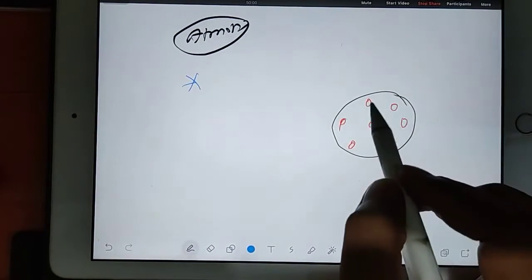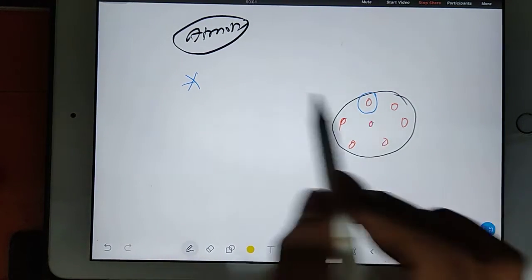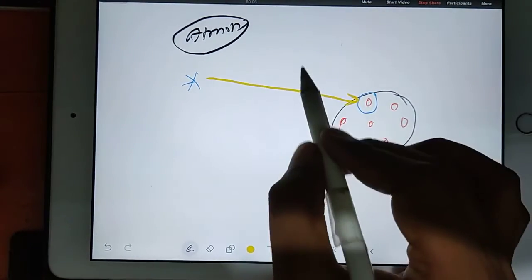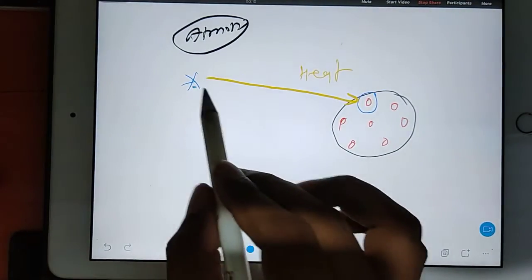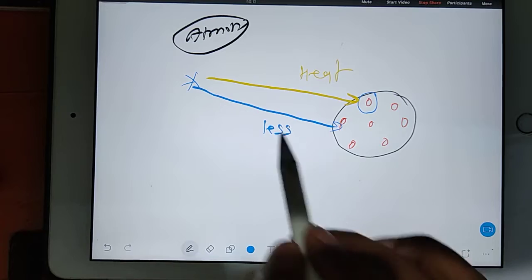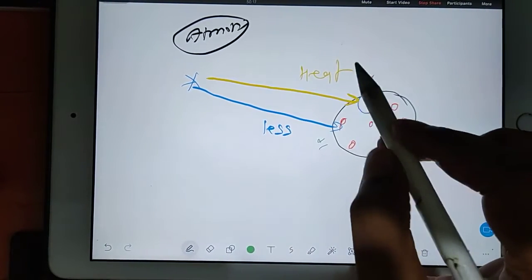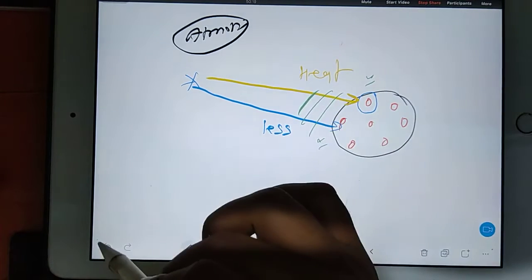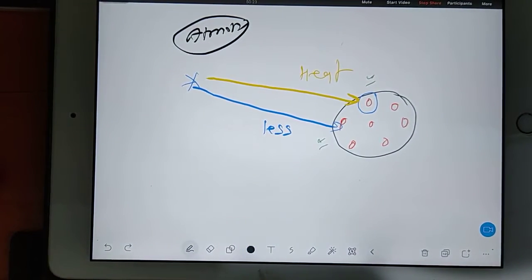So just imagine this condition. Here more heat is going, and here less heat is going. Why more heat here and less heat here? It is because on the way we have some disturbed atmosphere, right? The ozone layer is somewhere thick, somewhere thin.